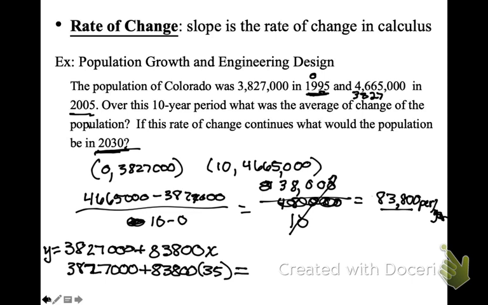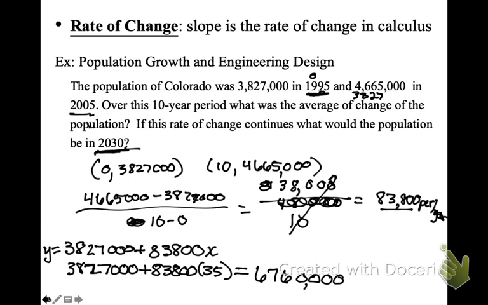Now, is population constant? No, it's not constant. This is an approximation. I probably should even use approximately for my answer. Can anybody ramble some numbers off? Don't tell me place values, just numbers. 6,764,000. Yep.